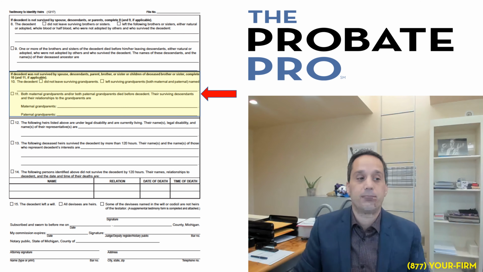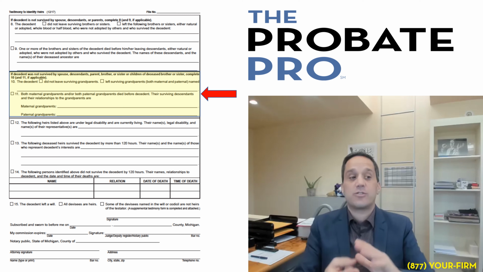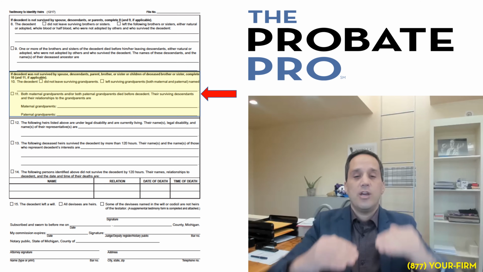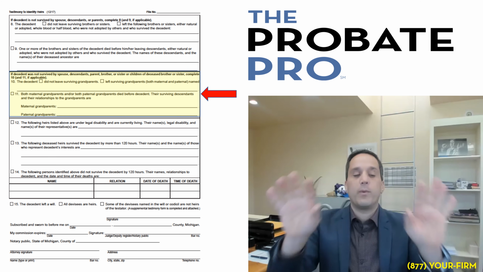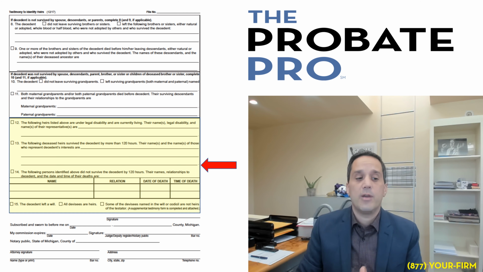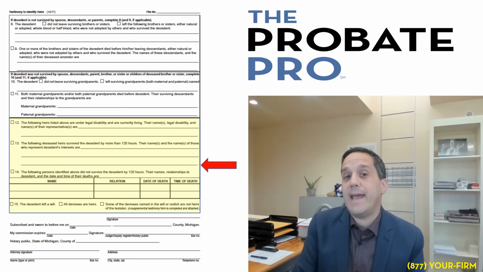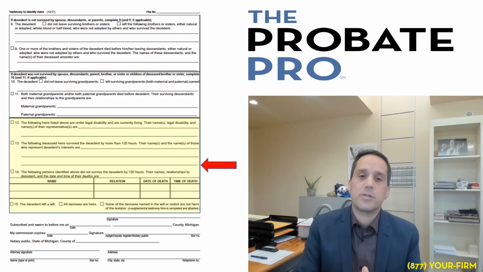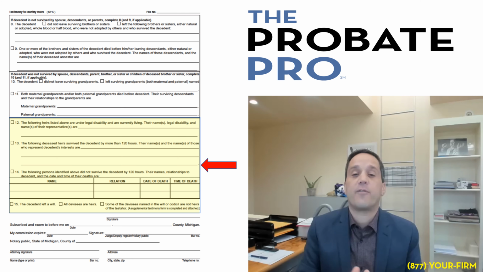The next section says if there's no spouse, no descendants, no parent, brother, sisters, or children, then we look to grandparents, and then we go on from there to help fill out the family tree. We want to know if there are any heirs that are under legal incapacity, guardianship, conservatorship, children who are represented by parents, and then, of course, that 120-hour rule we spoke of earlier.